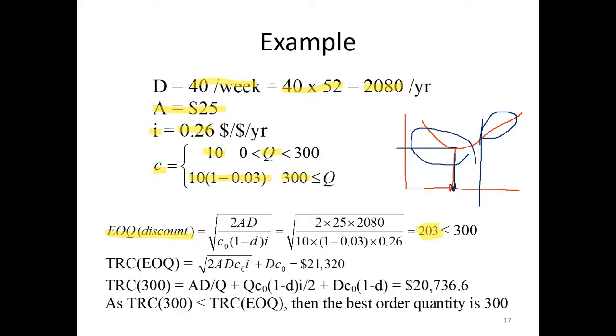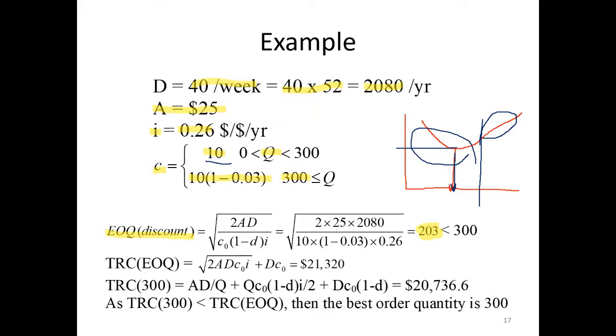So in this case, we are going to calculate the total relevant cost when we order the optimum order quantity using the value of C of 10 only, which is the regular price when the order quantity is less than 300.